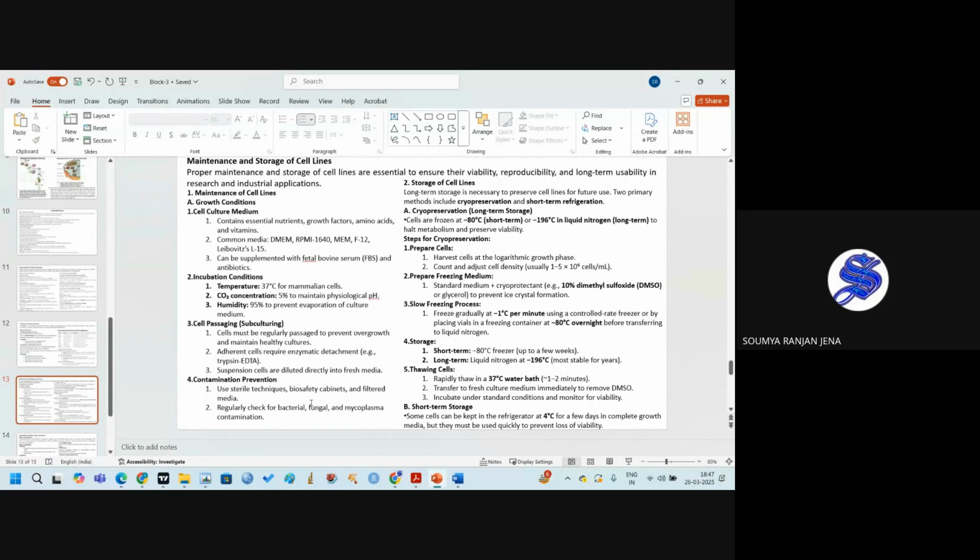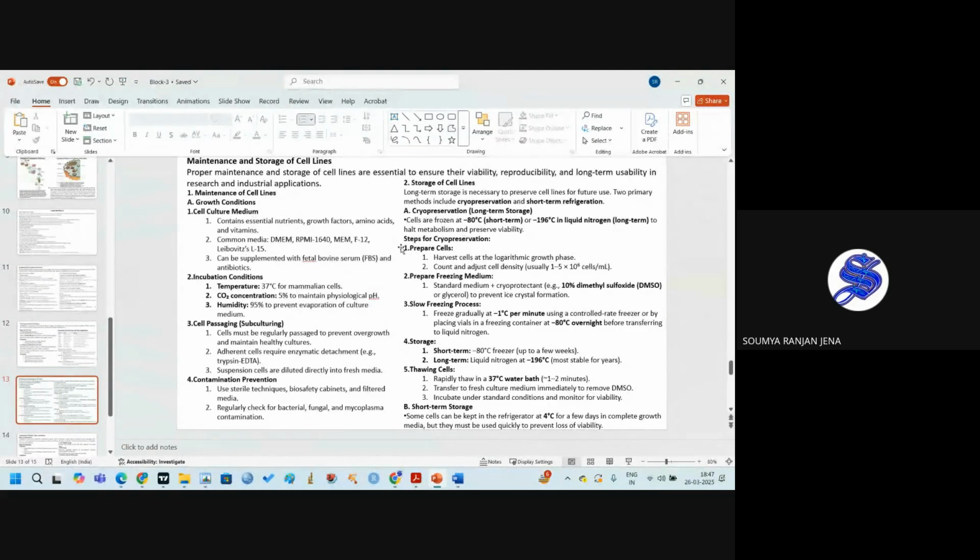Then if we do not have any work, we store the different cell lines. Long-term storage is necessary to preserve different cell lines for future use. Two primary methods are mostly used: cryopreservation or short-term refrigeration. In cryopreservation, cells are frozen at minus 80 degrees Celsius with the help of DMSO, and then transferred into minus 196 liquid nitrogen.